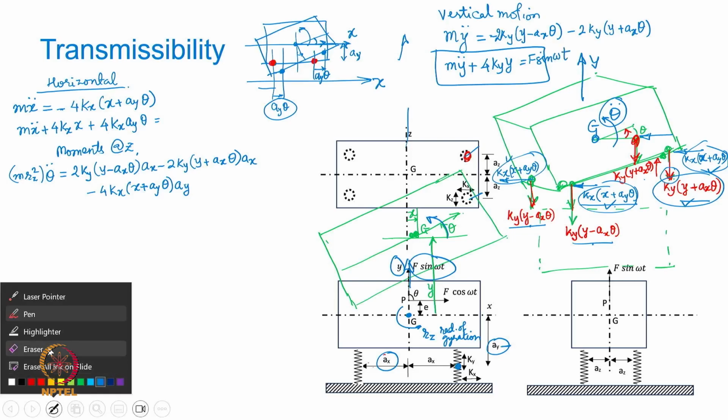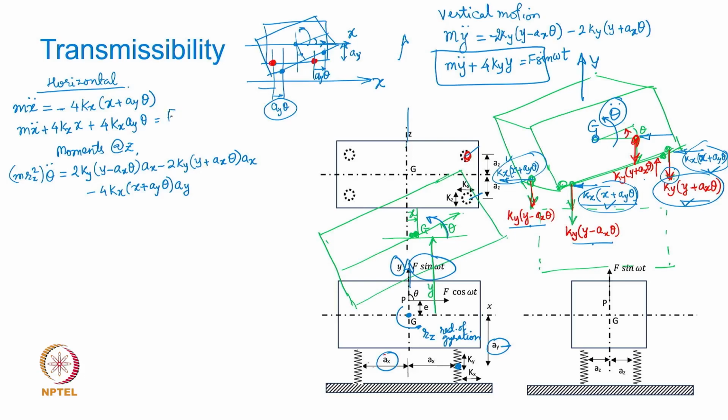And then here this is going to be F cos omega t, and to this I will add the moment because of this force, which is going to be minus F e cos omega t, because this force is acting at an offset distance of e from the g.